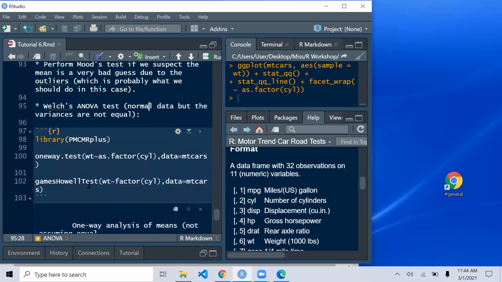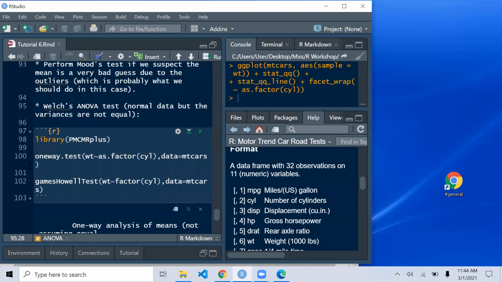That's the situation. If your data is normal and you have equal variances, you use the ANOVA. Else, if you have something that's normal but you don't have equal variances, use the Welch's ANOVA test. Else you use the Mood's test, right? So that's the order of operations when you're scanning for what test to use according to your data.